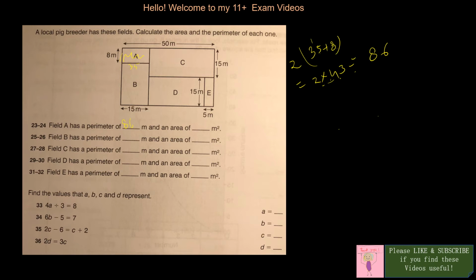So this should be 86 meter. Let's see, 46 meter. What did I do wrong? Oh God, what have I done? I got completely messed up. Look at me, I'm subtracting. They've given me this is 15.